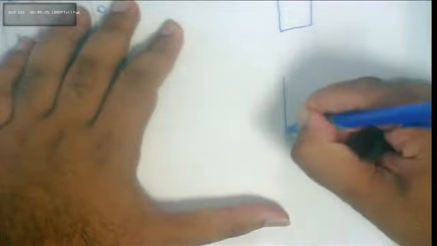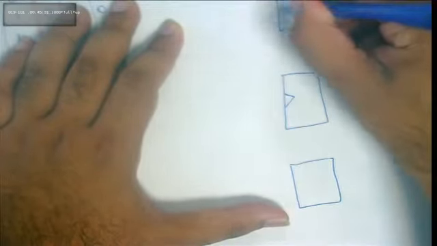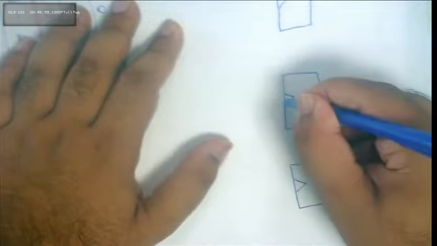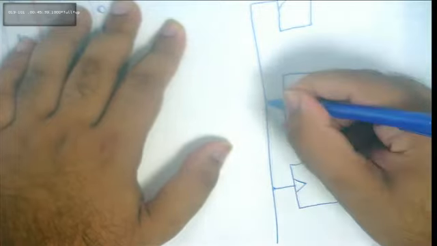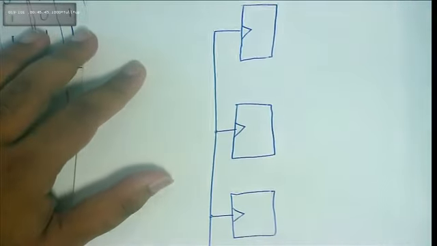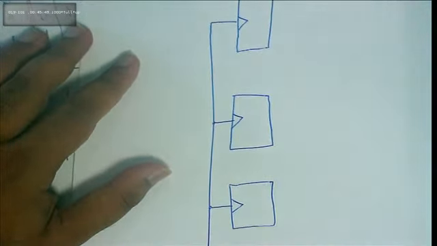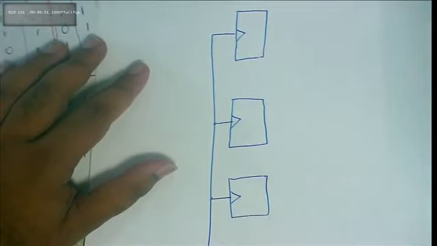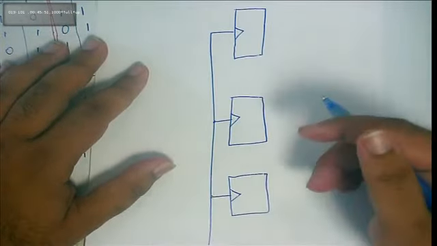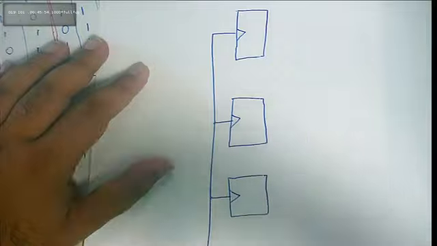1, 2, 3. That's your clock line. We don't worry about our clock line because we just know that it's doing the triggering, but doesn't contain real information. It just triggers it to the next state, makes it move.